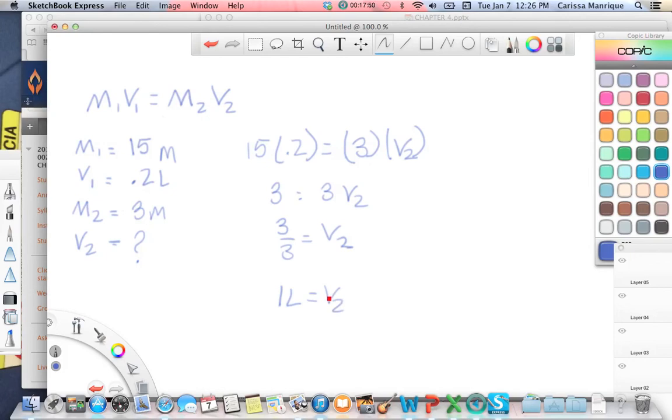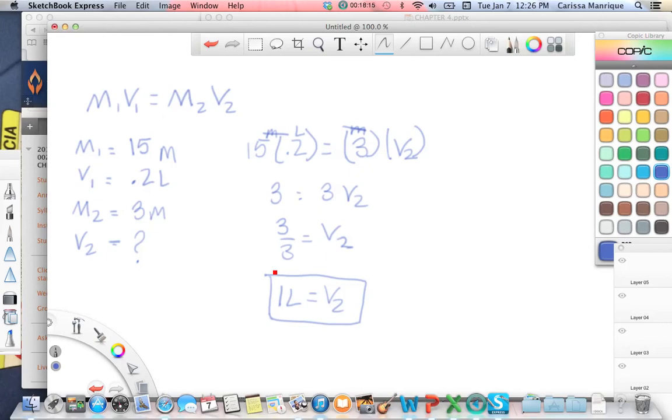And if I put my units in there, so I have M, L, M. We don't have a unit there yet. You see my molarities will cancel out, leaving us with the liters there. Okay, so I need to add 1 liter of solvent to make my new solution.